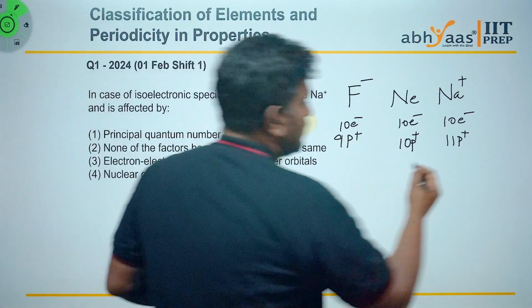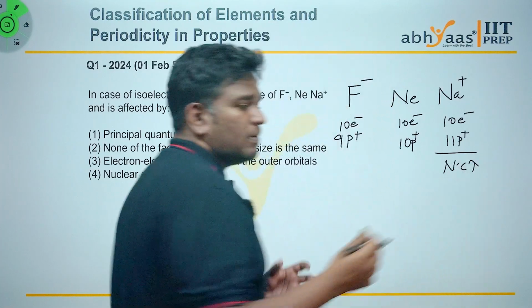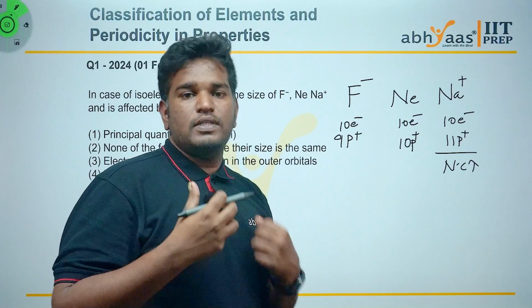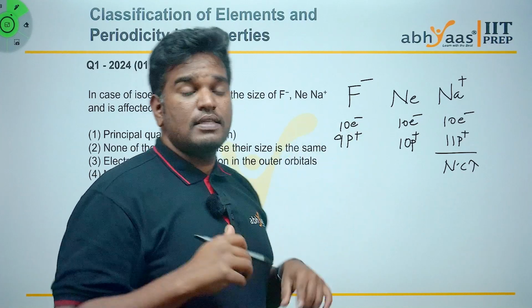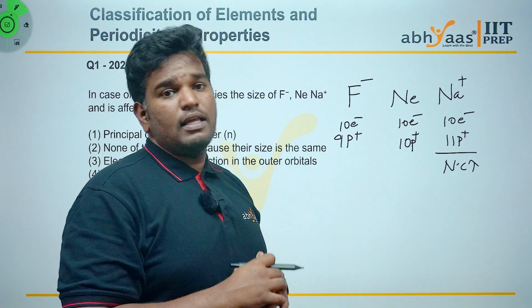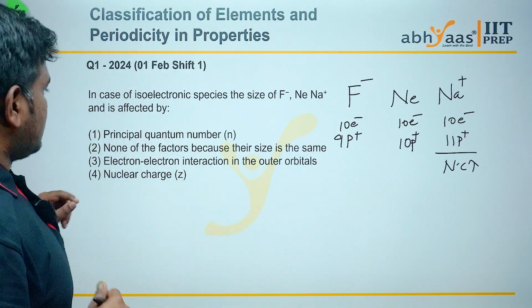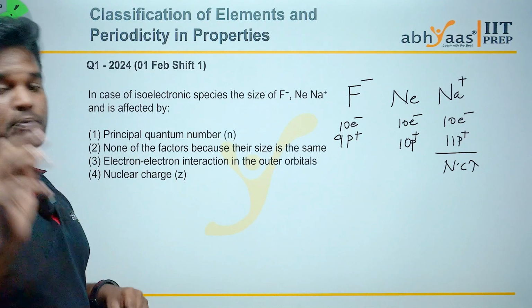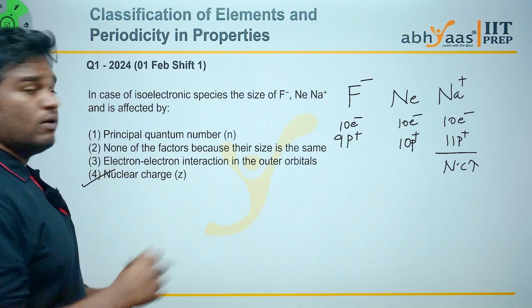And here, the nuclear charge will be very high because the 11 protons are pulling 10 electrons towards the center. Because of that reason, you can see that there will be significant reduction of size of Na plus. So we can say that the factor which is affecting the size of this isoelectronic species is nuclear charge. Fine. I hope you have understood.